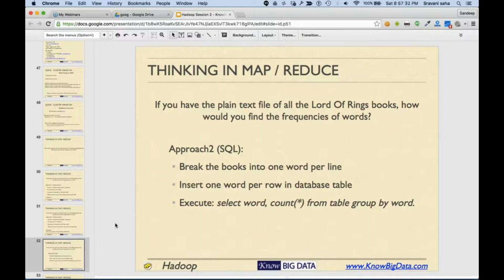Okay, so you wrote some program, or in some way you imported all these files into the database such that every column contains one word, or maybe you made it such that the row contains the full line, and then you did a split and all that kind of things that you could do with SQL.